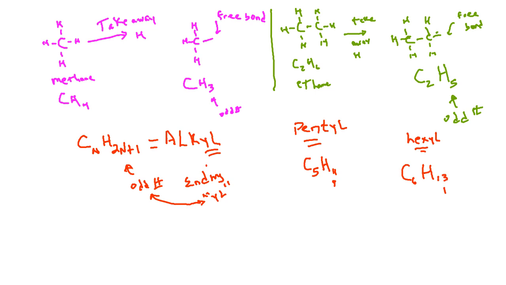Again, odd is an eel. If I want octyl, oct is 8, so I have C8. Now I multiply that by 2, I get 16, and then add 1, we get 17. So odd is an eel, octyl, and so forth.